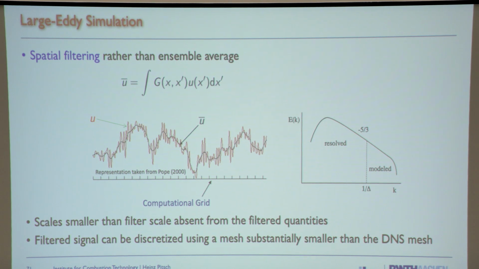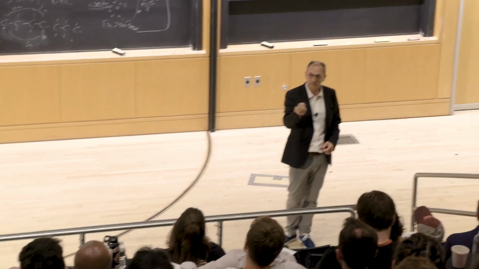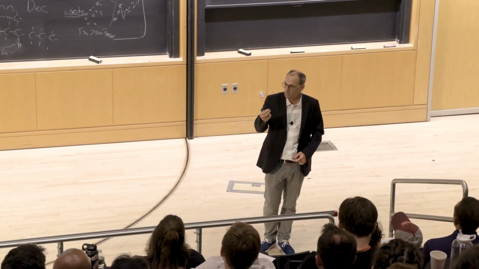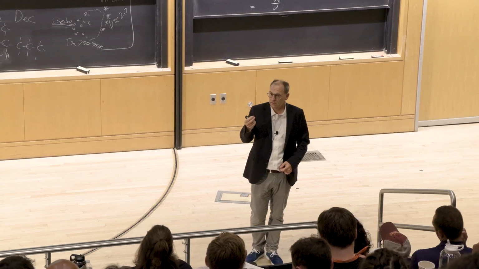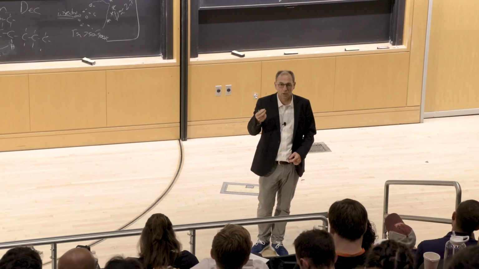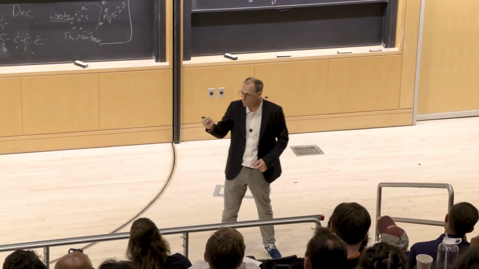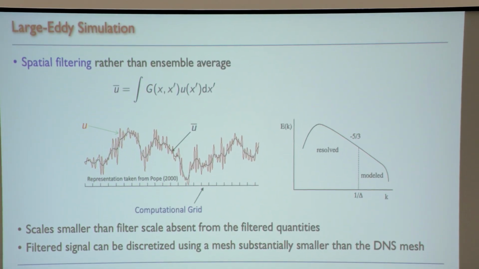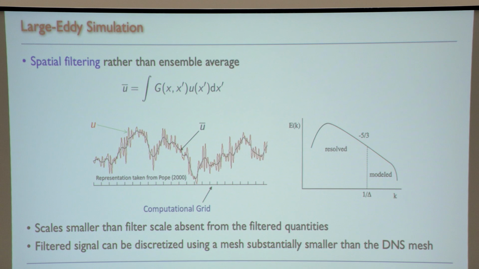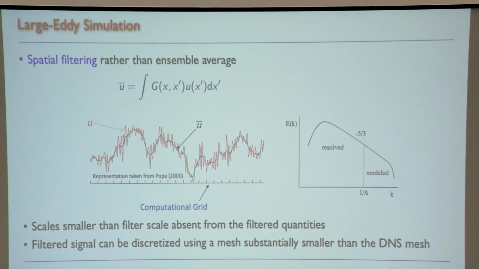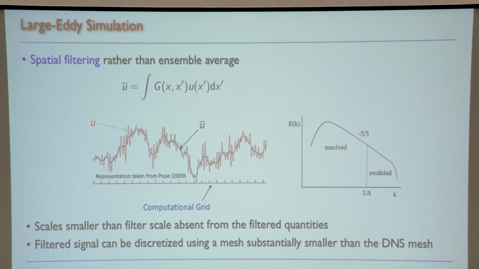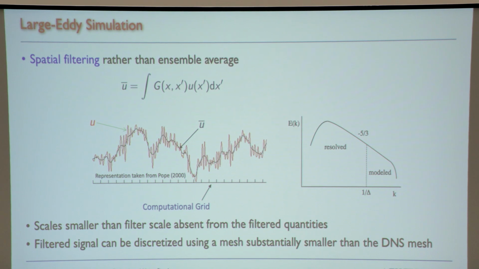For us, the issue is that combustion takes place when fuel and oxygen mix on a molecular scale. So we need to know what the very smallest scales do, which need to be modeled here, just like for Reynolds averaging. For a long time, people have said LES doesn't really help very much when you are considering reactive flows.